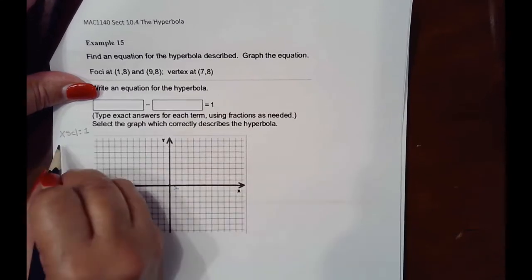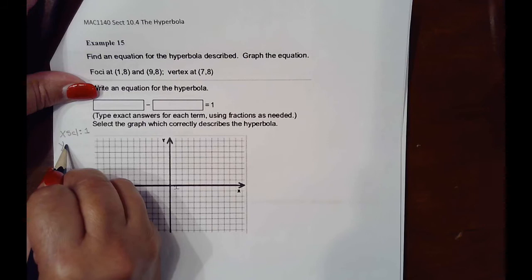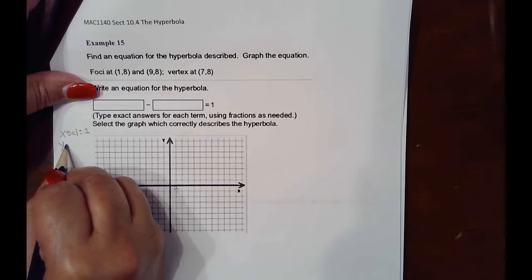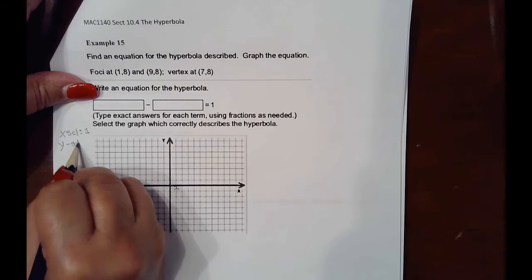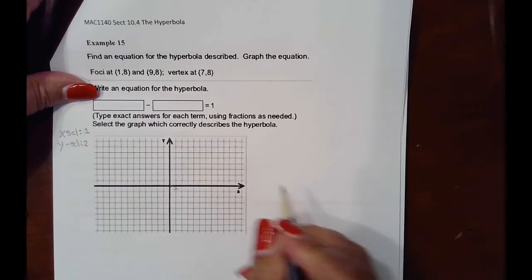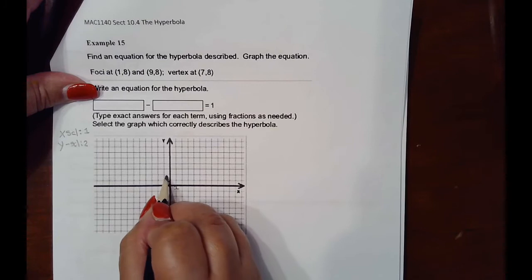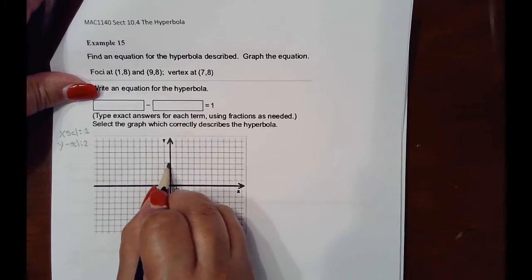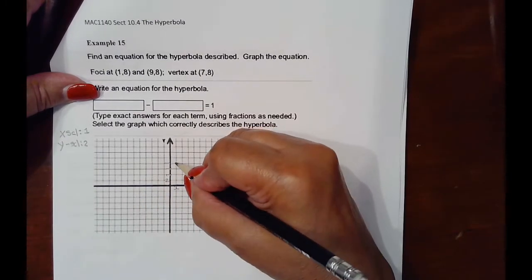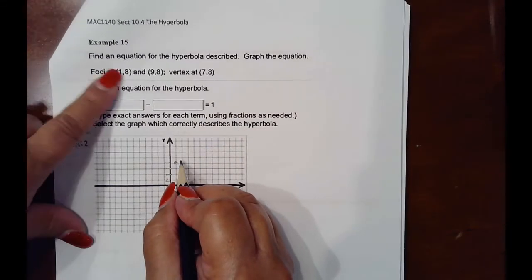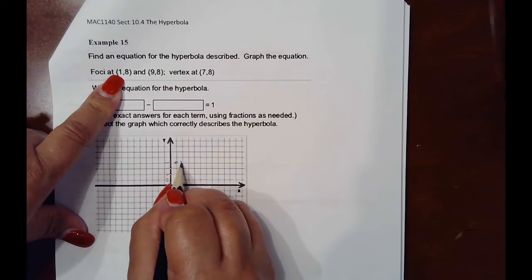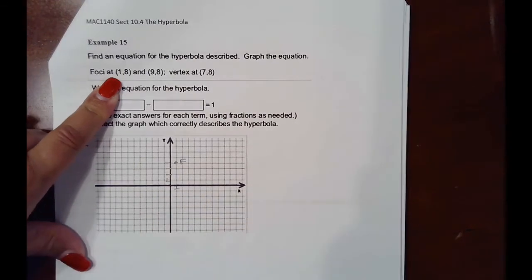But going this way, since I have to get to 8 just for the foci, I'm going to let my y scale be 2. So this will be 2, 4, 6, 8. So this will be 1, 8 right here. And let's mark what it is so we know what we're working with. That's one of my foci, 1, 8.